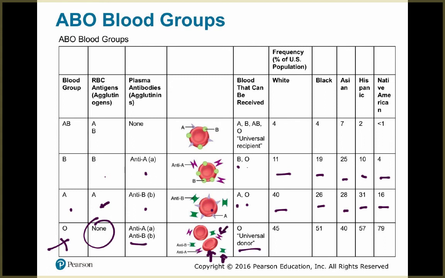This is what's called the universal donor, basically because you can donate it to everybody, but you can only receive from O. If you look at AB, it's considered the universal recipient because you can get it from everybody, but you can only donate to AB. So you can see O has the highest percentage with 45% white, 51% Black, 40% Asian, 57% Hispanic, and 79% Native American.